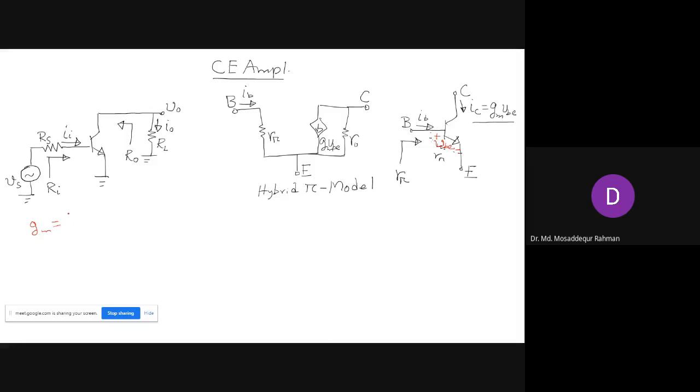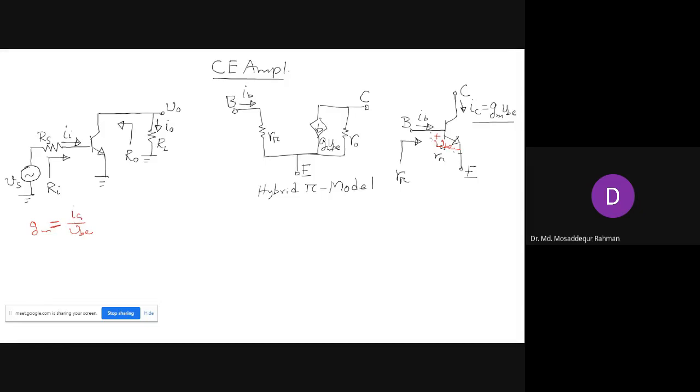If you look at the equation, gm we can write as IC by VB, the current by voltage. And what is current by voltage? Conductance. Current by voltage is conductance.